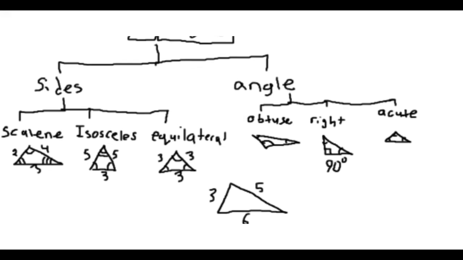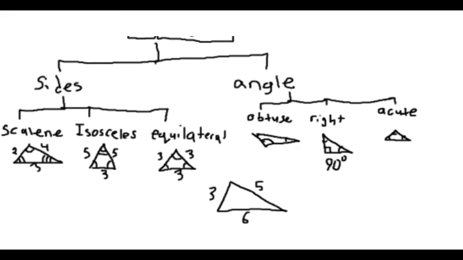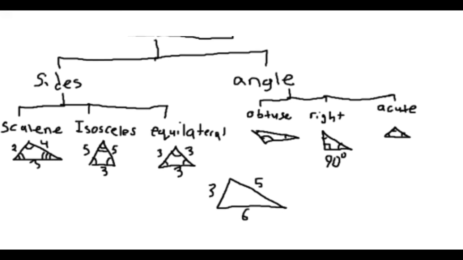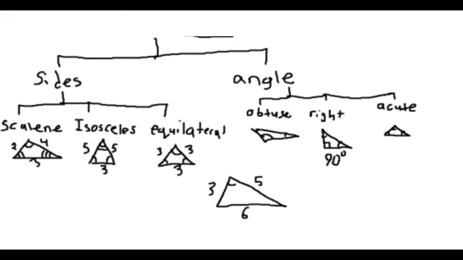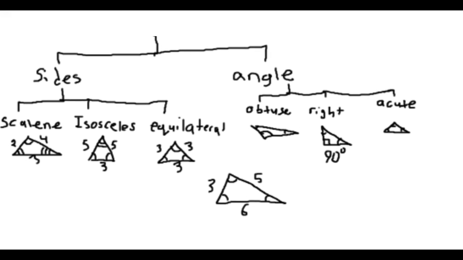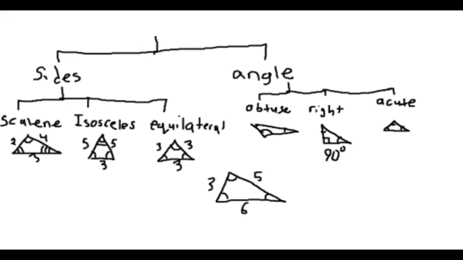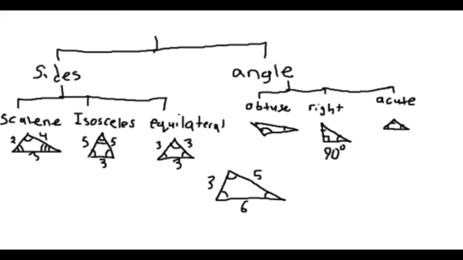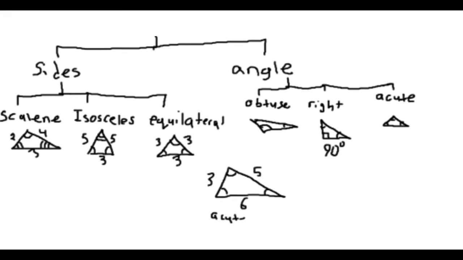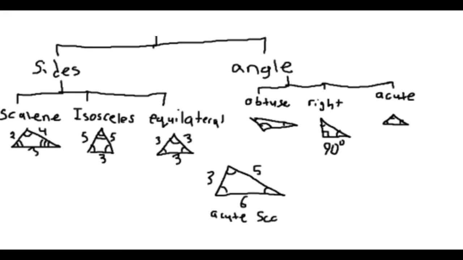So automatically we could tell that this is a scalene because all sides are different lengths. Now also, all of these angles are less than 90 degrees. So this would be an acute scalene triangle.